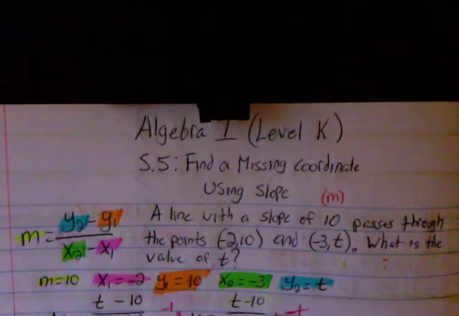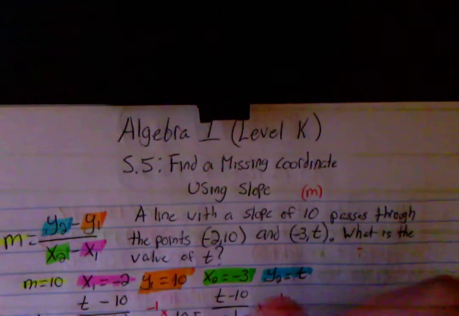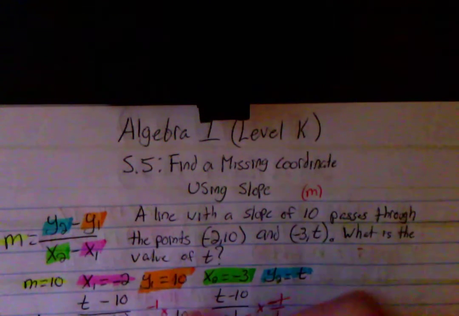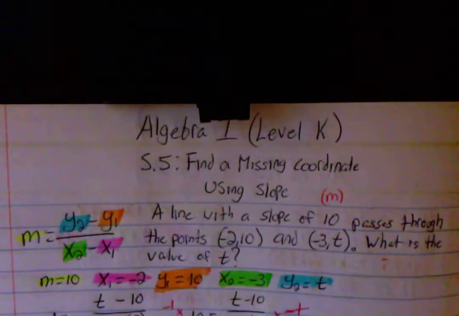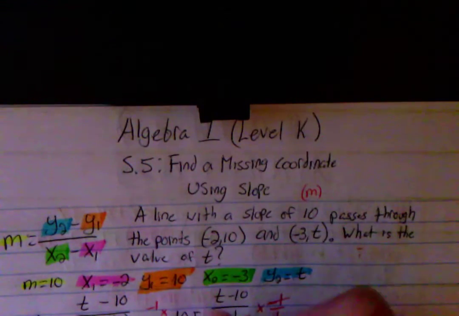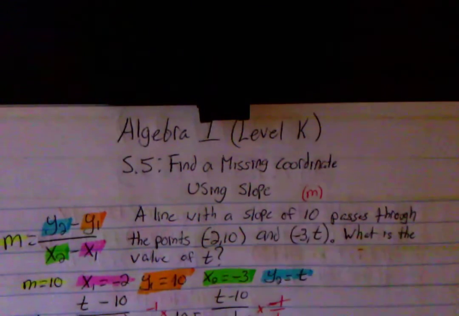Our next step is to isolate the t, or get the t by itself. Add 10 on both sides. -10 plus 10 is 0. So we get 0 equals t. And that would be your answer.